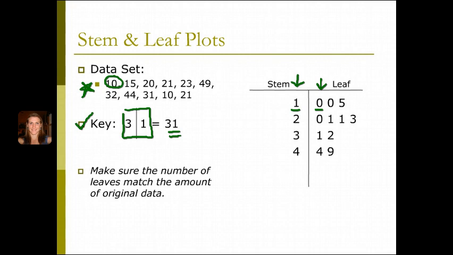It's very important when you're creating a stem and leaf plot that you make sure that the number of leaves match the amount of original data. So you would count up 0, 0, 5, 0, 1, 1, 3, 1, 2, 4, 9. Count those up and make sure that they match all of the data in your original set.